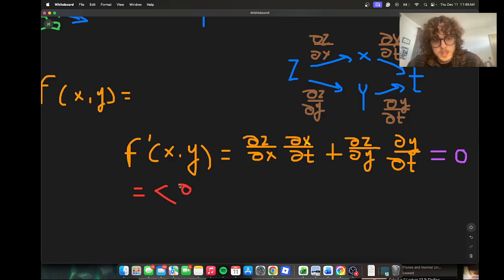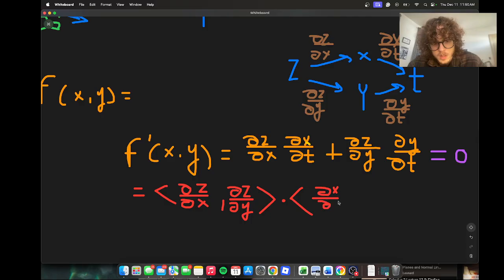So let's call it dz dx, dz dy, and now it's dotted with dx dt and dy dt. Okay. This is a very beautiful proof, by the way.